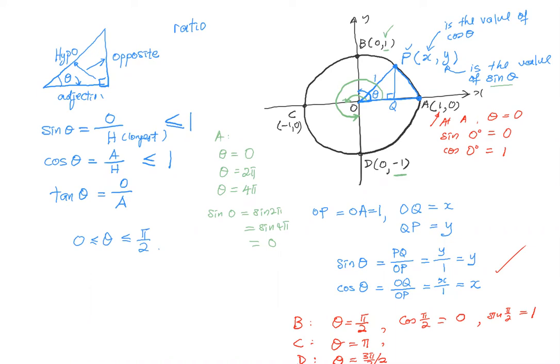So here I make a conclusion. Sin of an angle, the highest it can go is 1, the lowest it can go is -1. Same with cos of an angle: highest is 1, lowest is -1.